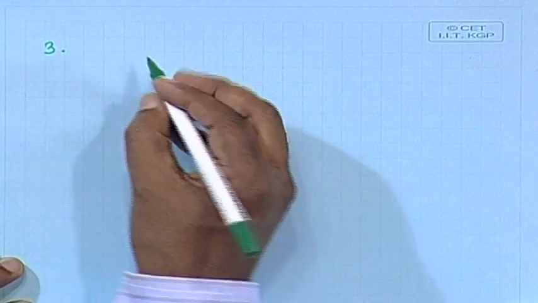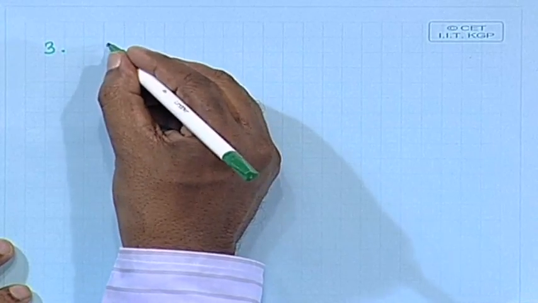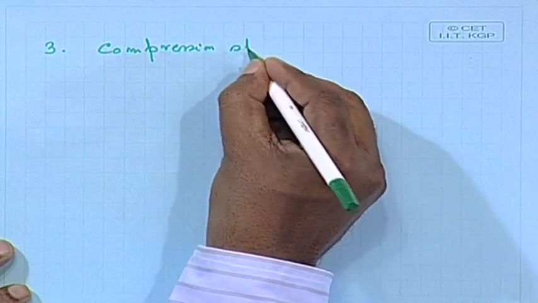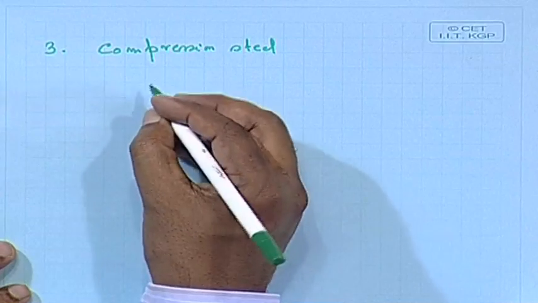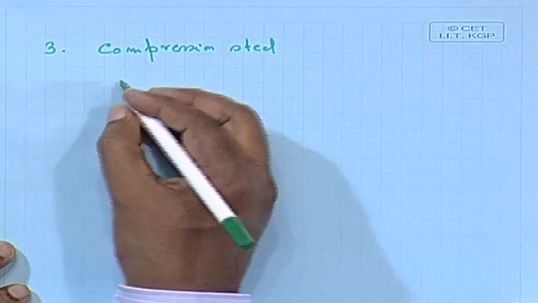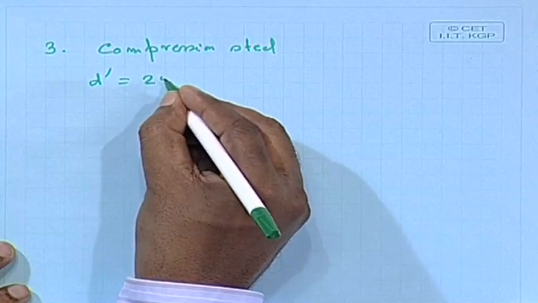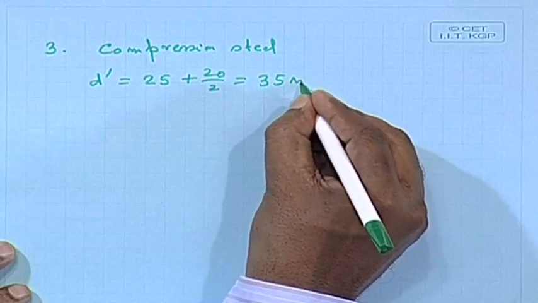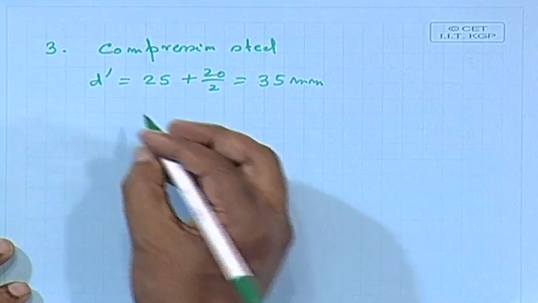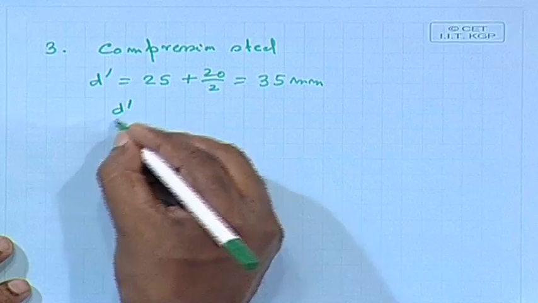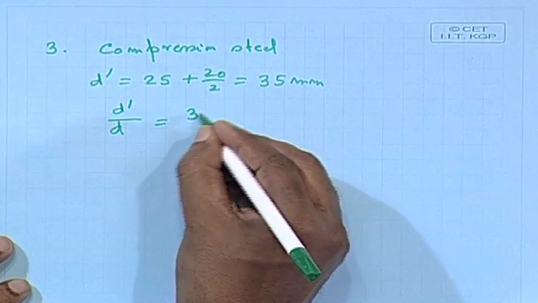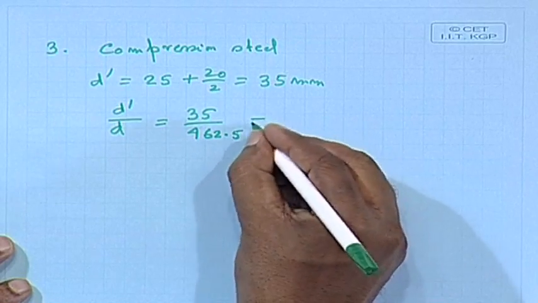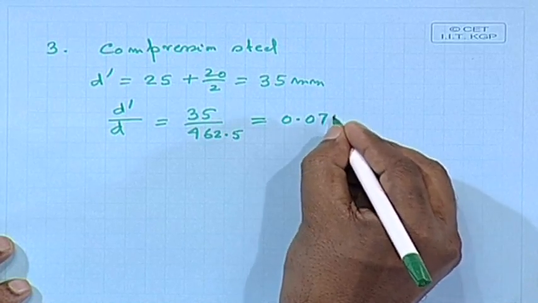Number 3, compression steel. d dash equal to 25 clear cover plus 20 by 2, 35 millimeter. d dash by d, 35 by 462.5 equals 0.0756.